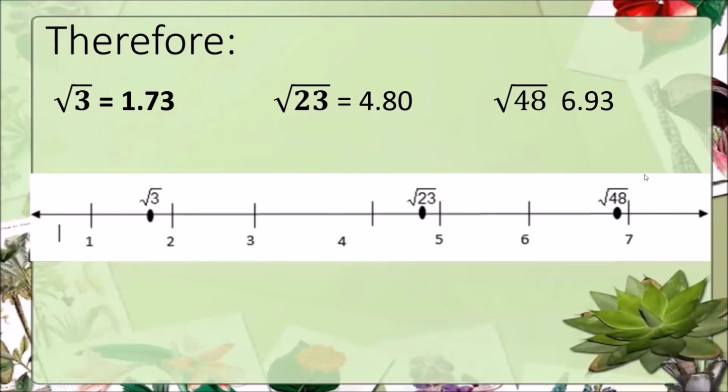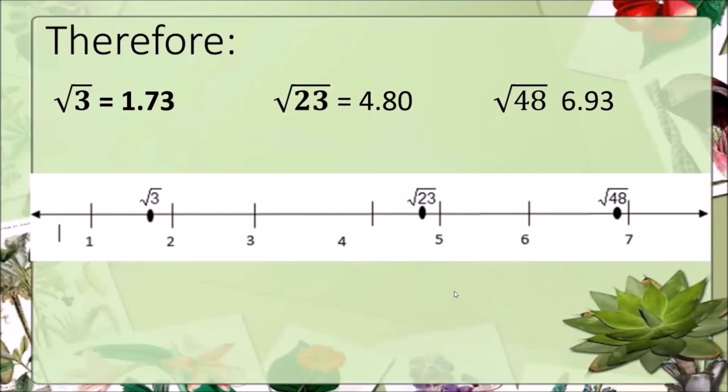So, this is the number line. Ito yung 1 unit, then 0.73. So, that is square root of 3. Then, ito yung 4 units. Dahil 4.8 dito, estimate ng graph niya ay square root of 23. At ang graph ng square root ng 48, which is 6.93 estimate, graph ng square root of 48 ay ito.